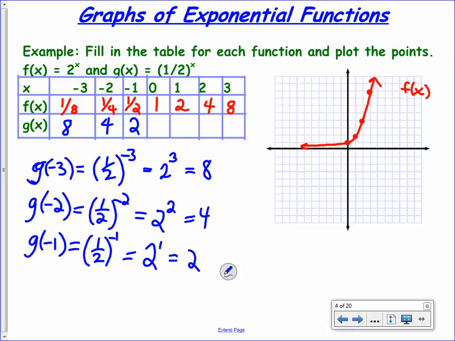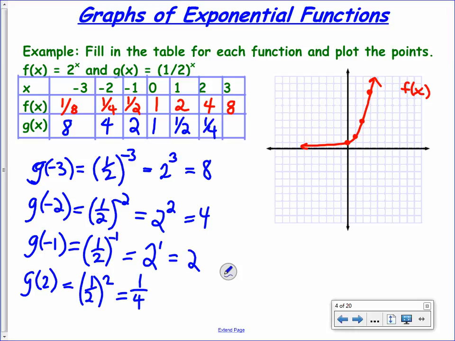All right, 1/2 to the 0 is 1. 1/2 to the first power is 1/2. All right, g of 2 is going to be 1/2 squared. So you just square your numerator and your denominator.